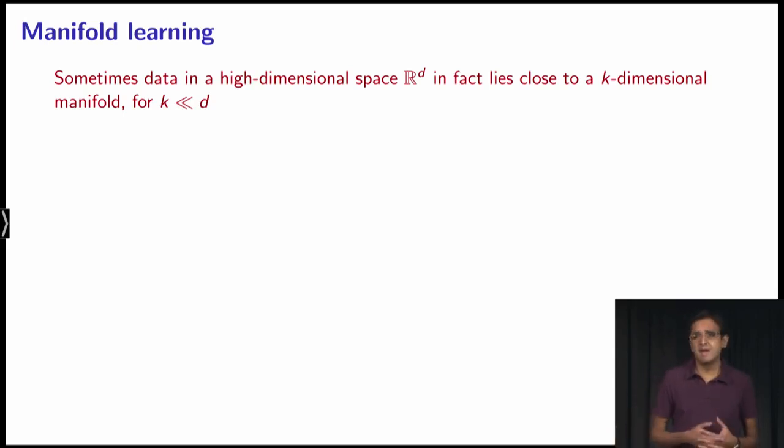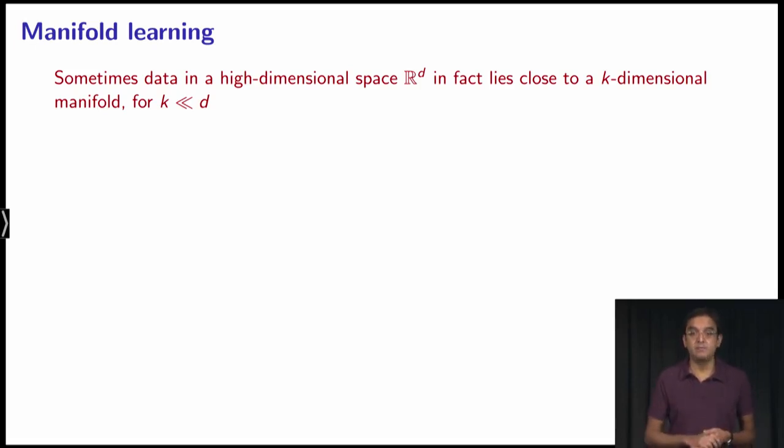So the idea in manifold learning is that it's often the case that you have data that's high dimensional. There are lots of features, D features, but the data points lie on or close to a much lower dimensional surface. They lie on or close to a manifold whose dimension is some number k that's much smaller than D.